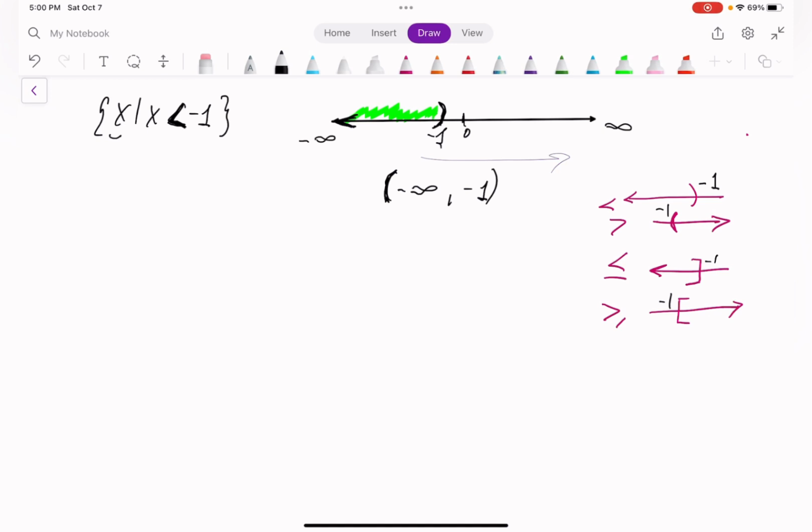Now, similarly, we have right here negative infinity and -1 with a square bracket, which means -1 is included. Now if I write down greater than -1, I will draw the graph.